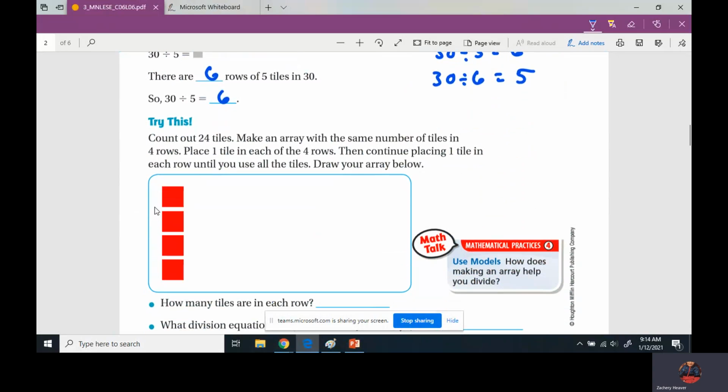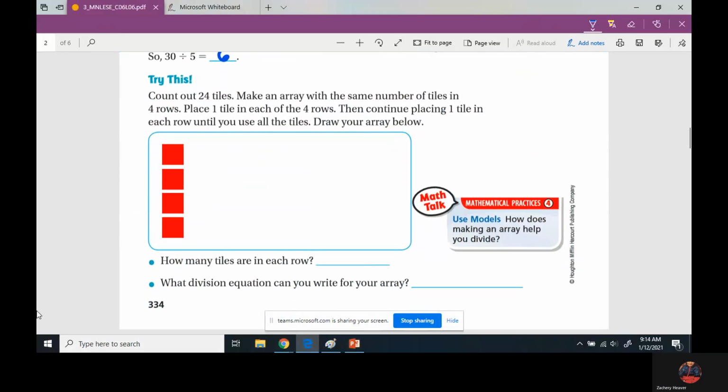Now it says count out 24 tiles. Make an array to show the number of tiles in 4 rows. Place 1 tile in each of 4 rows. Then continue placing 1 tile until you use all your tiles. So we have 24. They already started giving us our rows. So we have to count 4, 5, 6, 7, 8.